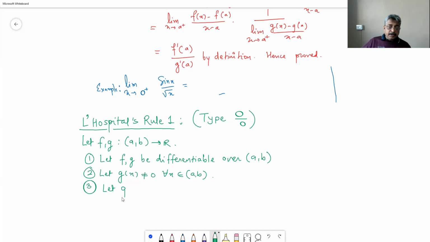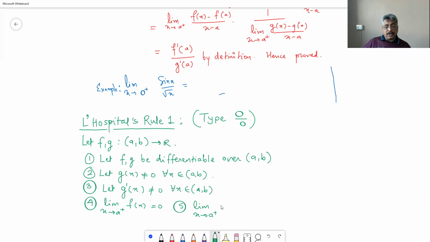Let g dash of x is not equal to 0 for every x belonging to a comma b. 4. Limit as x tends to a plus f of x is equal to 0. 5. Limit as x tends to a plus g of x is equal to 0.